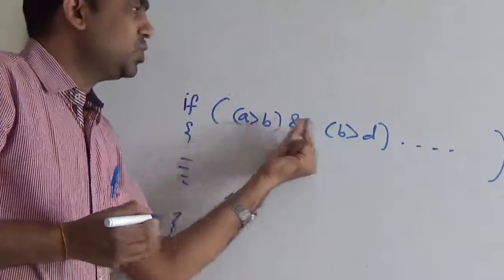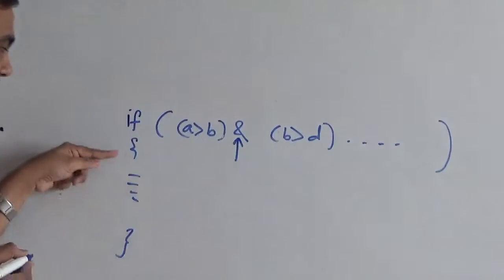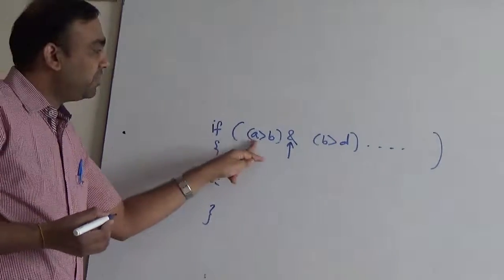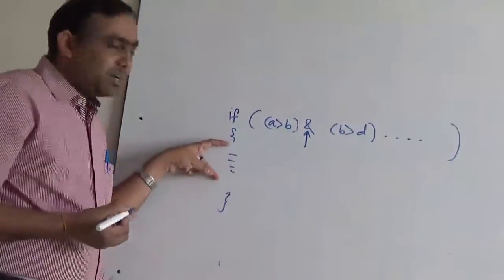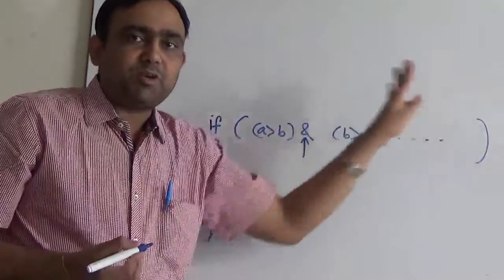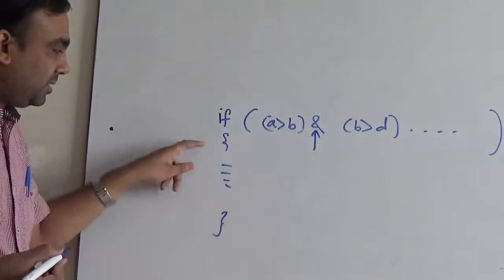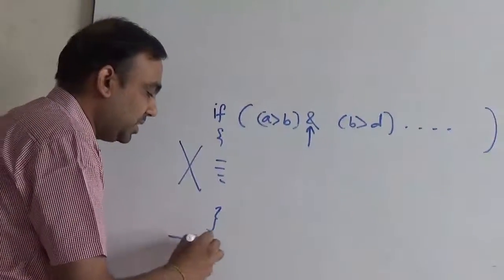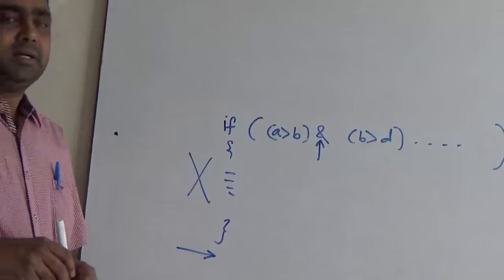If this is true, and whatever other conditions there may be, if they are all true, this part of the code will run, otherwise it will not run. If any condition out of these is false, this part will not work. It means if all conditions are in favor of you, this particular part of the code will work, otherwise it will move to the next part. So this is the way we apply ANDing in programming.